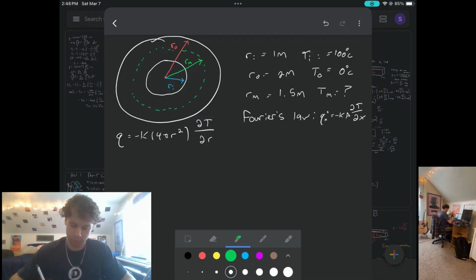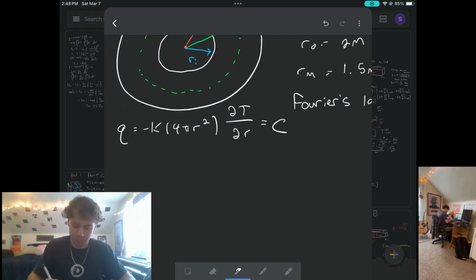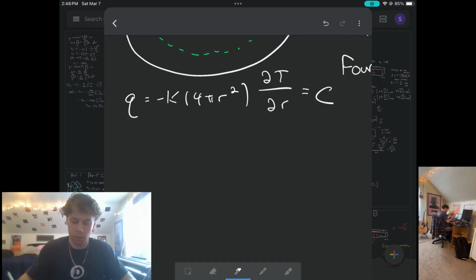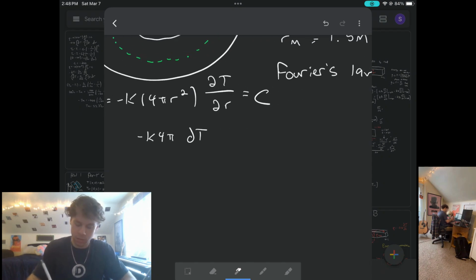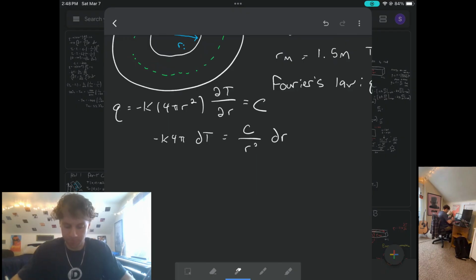Also, since we have uniform conductivity, our heat flux will be some constant C. To separate this out, on our left side we get negative thermal conductivity times 4 pi times our change in temperature, is equal to our heat flux constant C divided by our radius squared times our change in radius.